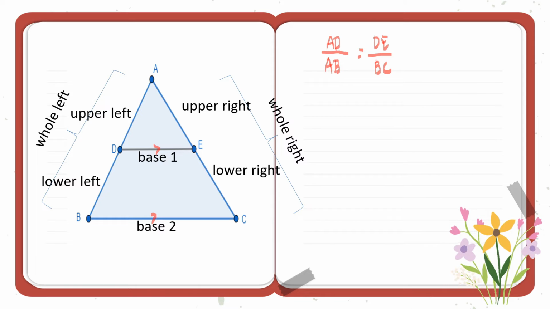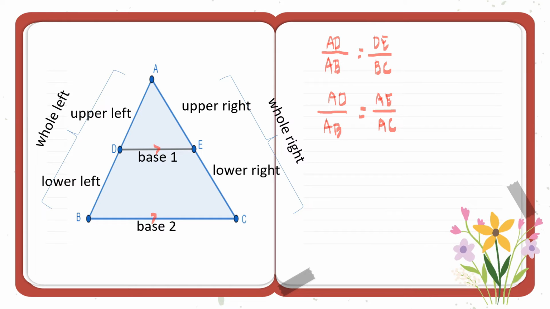We also have the upper left over whole left, AD over AB, is equal to upper right, AE over the whole right, AC.